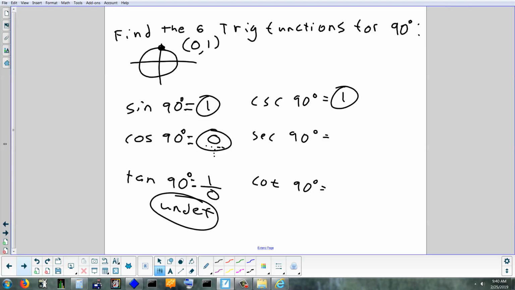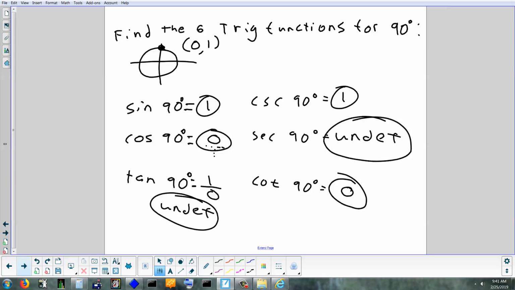Undefined. It's what we just had for tangent. It's 1 over 0, or undefined. So when you flip 0, you get undefined. What about when you flip undefined? You get 0. And those are your 6 trig functions. Yeah, question? No, nothing. That's it. So usually with a quadrantal angle, the arithmetic is faster.